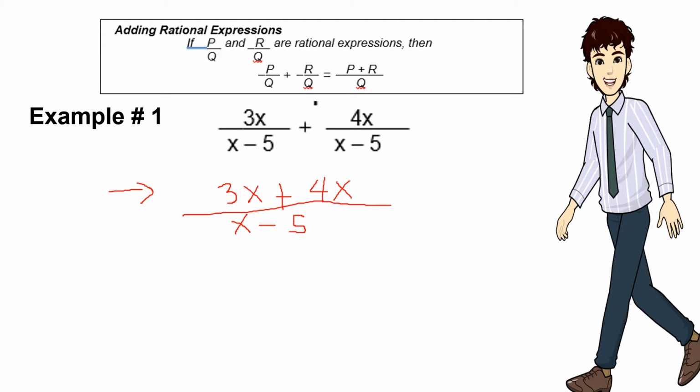Then yung ating 3x and 4x are similar terms, so pwede natin siyang i-add. So we have 3x plus 4x, that is 7x, then all over x minus 5. So this serves as the sum of our example number 1.